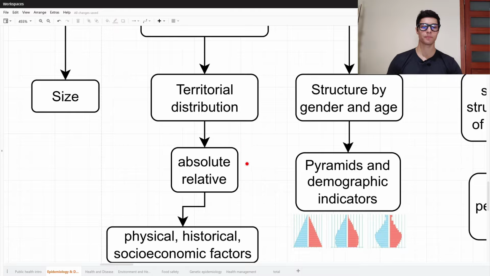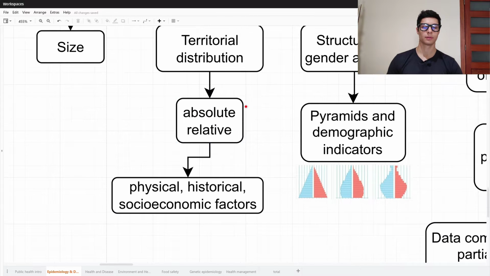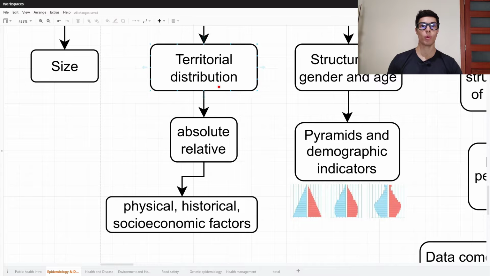Territorial distribution can be absolute or relative. Territorial distribution is where the people are actually concentrated, of course in the big cities, but how many exactly do we have there? So there is an absolute number of how many people there are in this city, and then a relative number, how many per square kilometer there are in that city.